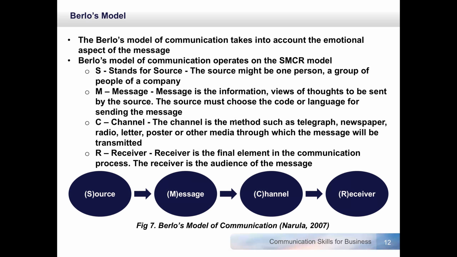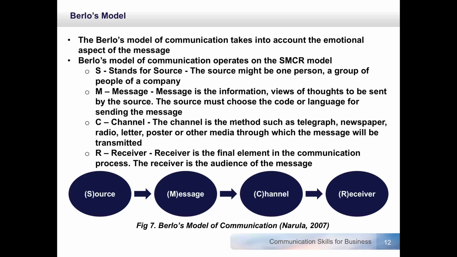I think one of the last models that we are looking at is Bernoulli's model, in which, again, the model is the same, but the difference here is that we look at the emotional aspect of the message. That means specifically in the health and social care context, if I have to break news to the relatives of the patient for something which is quite detrimental to the patient, then I have to have a bit of empathy, and that message then becomes a bit emotional.